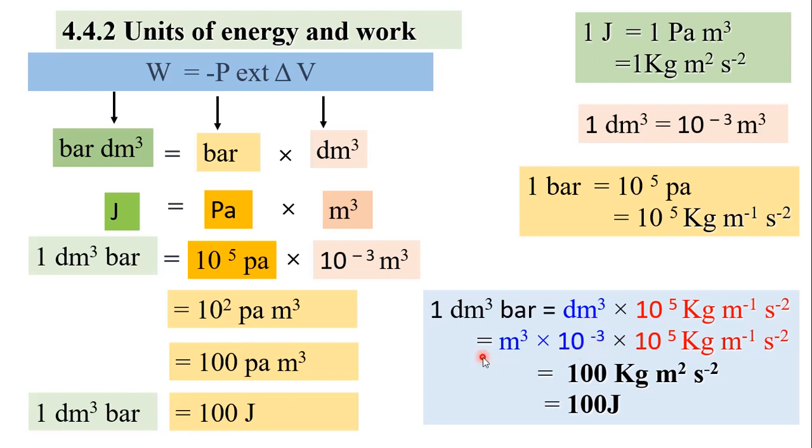So 10 raised to minus 3 meter cube into 10 raised to 5 kg per meter per second square, and that is equal to 100 kg meter square per second square, and that is equal to 100 joules. So like this you can calculate the work done in joules or in dm cube bar.